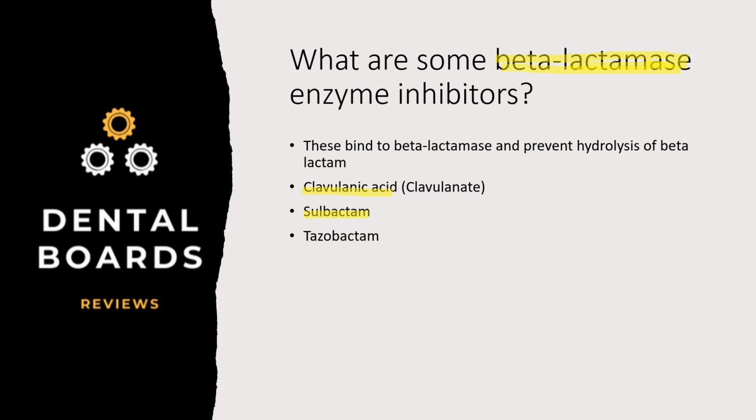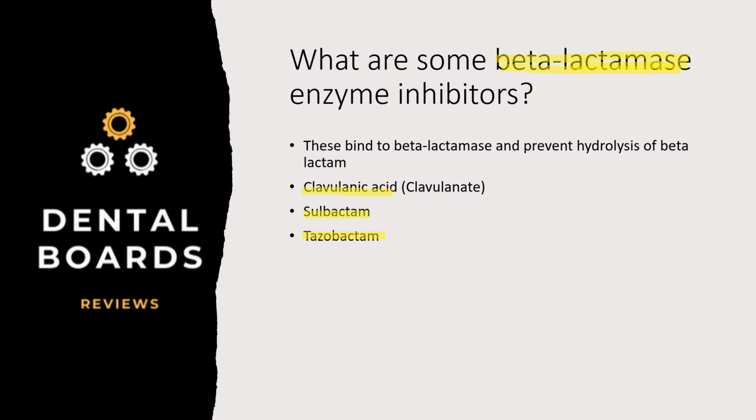If you take piperacillin, the one I said earlier that is given IV and is a broad spectrum, very good antibiotic, and add tazobactam, you get what we call Zosyn.